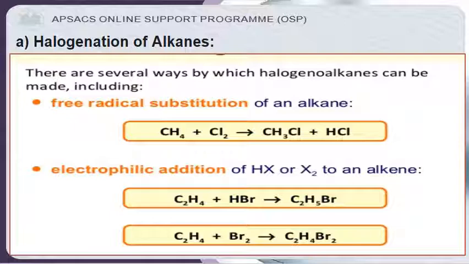Hydrogen and bromo group are attached to this ethene. When ethene is reacted with a molecule of halogen, that is bromine, ethyl bromide formation takes place. This is called halogenation of alkane and alkene.